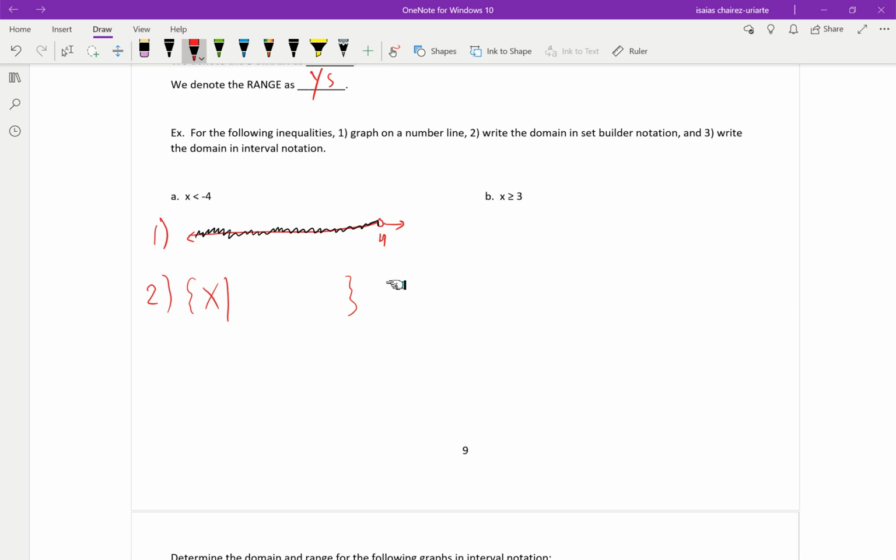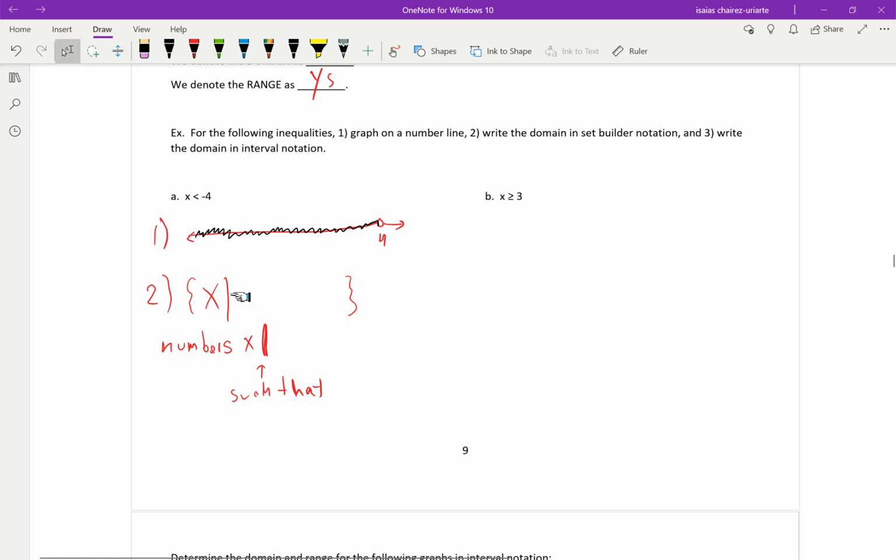You should read that vertical line as "such that." The elements are on the left, and this vertical line, just think about it as "such that."